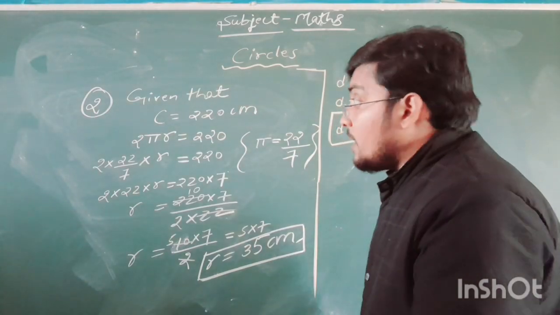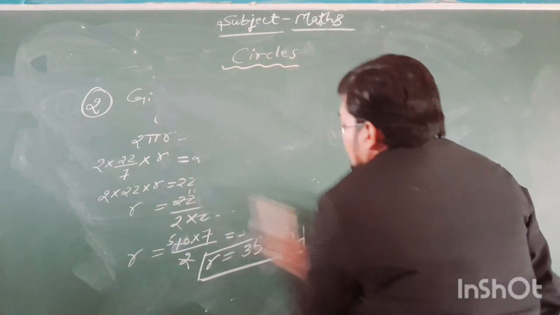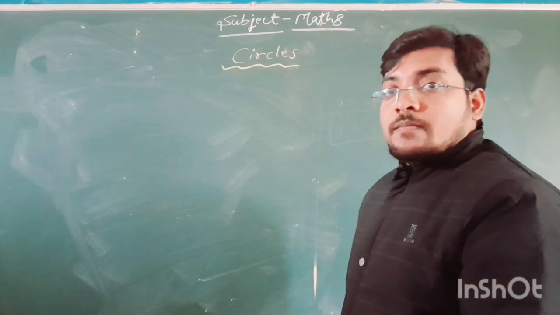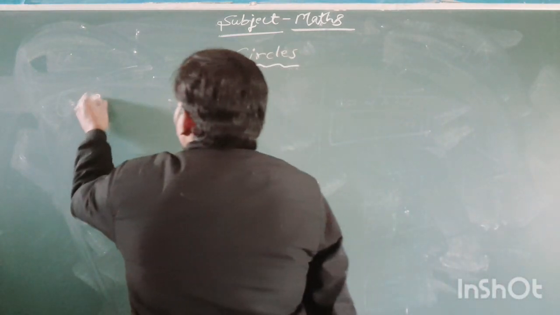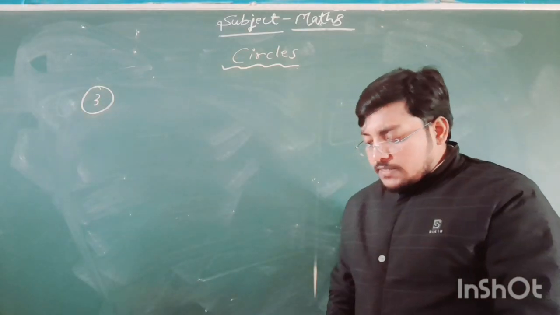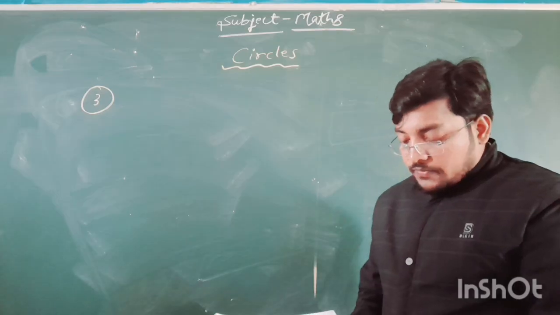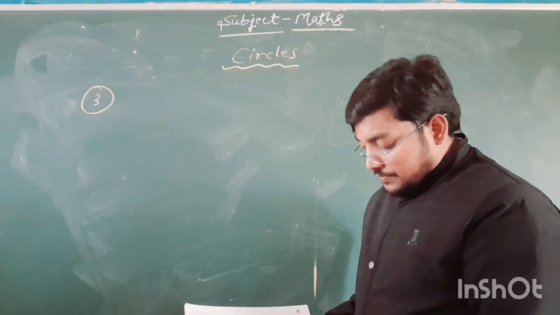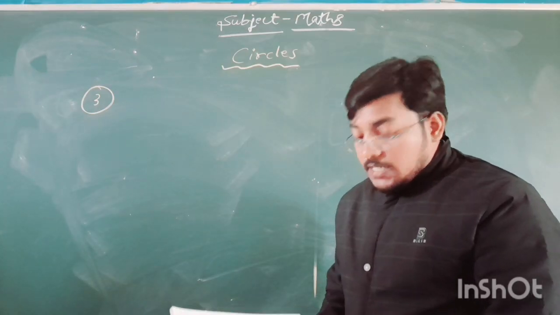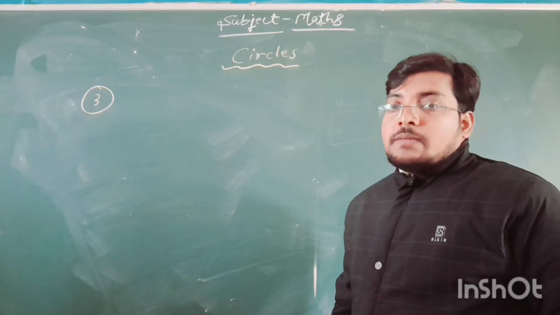Now we have another problem based on the circle: the difference between the circumference and diameter of a circle is 24 centimeter. Find the radius of the circle. In the question it is given that the difference of circumference and diameter of the circle is 24 centimeter.